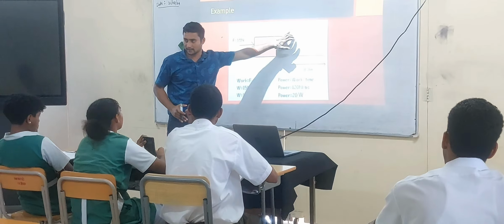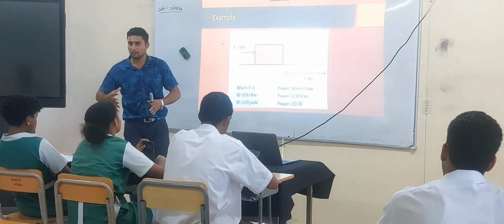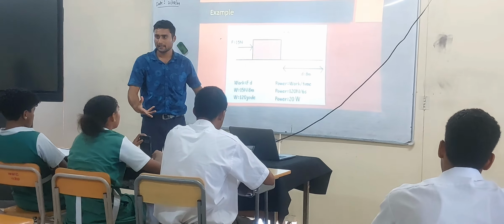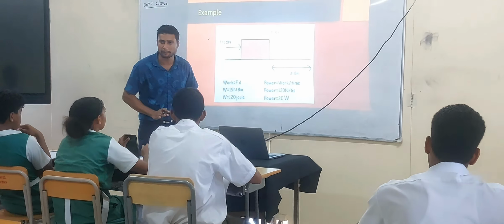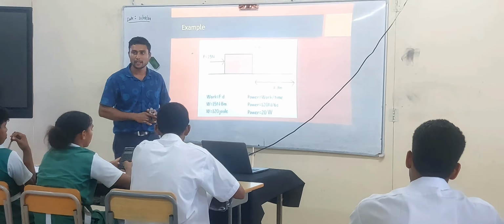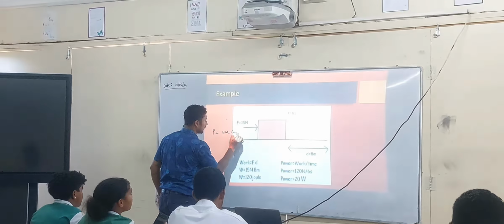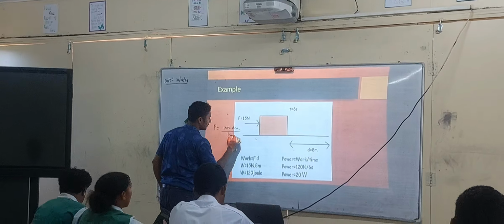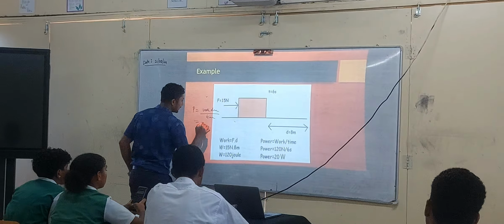I want to know what the power of that man was, applying the force of 15 Newton on that object to move a certain distance. Therefore, power is equal to work done divided by time. So what is your work done?